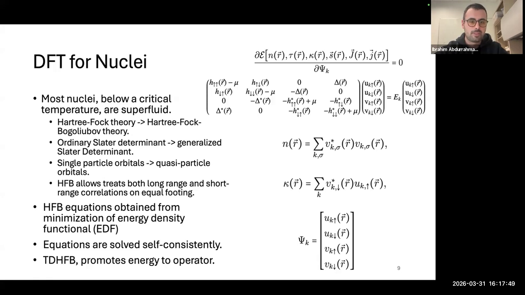And instead of a Slater determinant, you have what's known as a generalized Slater determinant, which, if you want some intuition for what this object looks like, looks like a BCS wave function if you do HFB theory in the canonical representation.